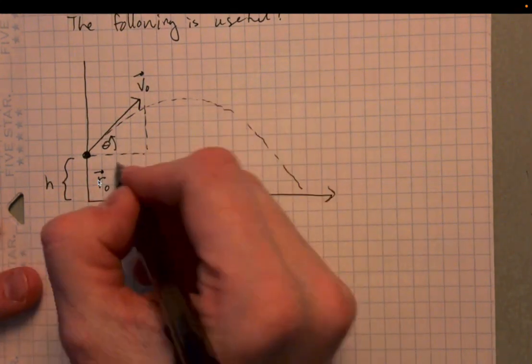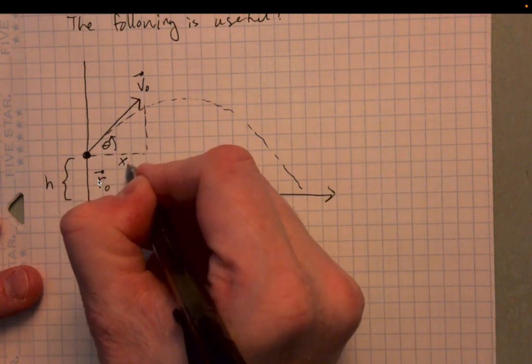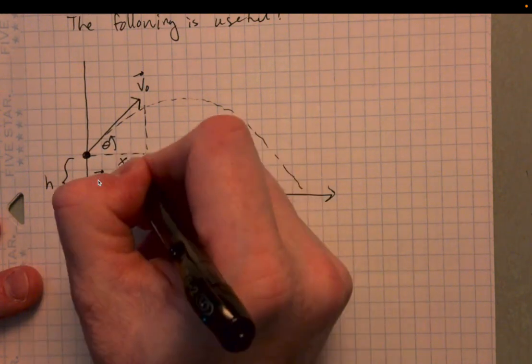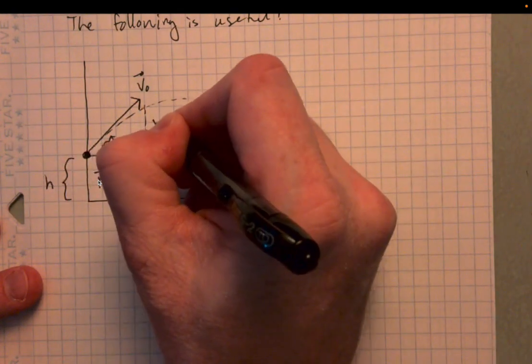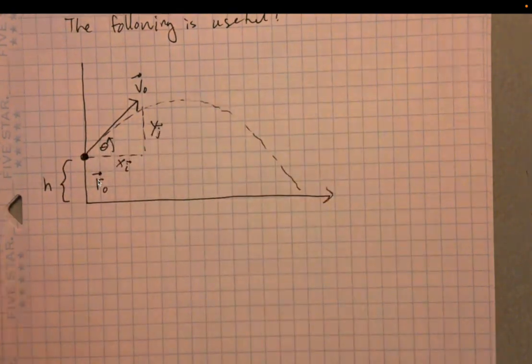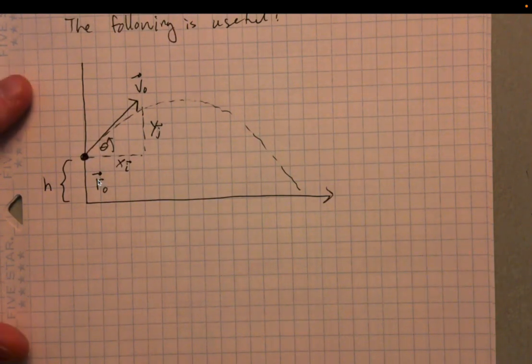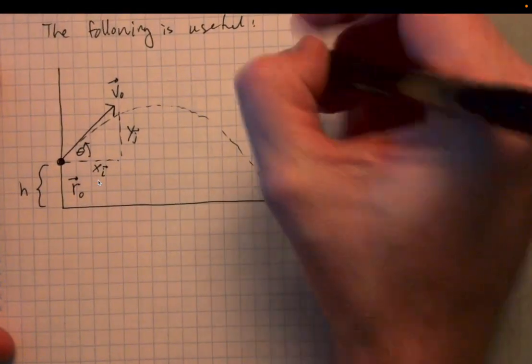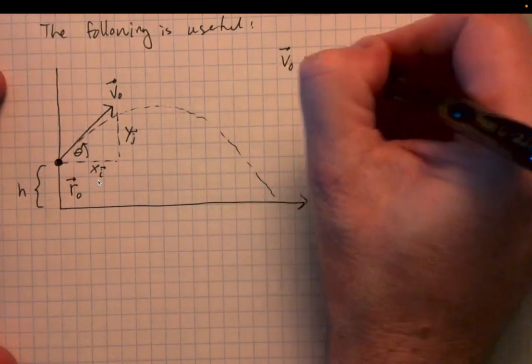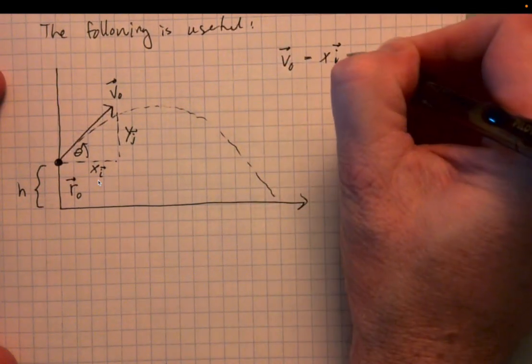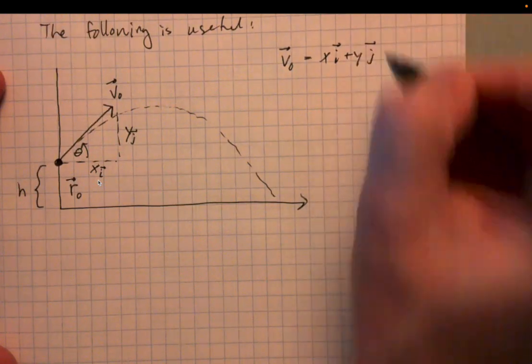And so what is this? Well, this is going to be the xi piece of the velocity, and this would be the yj piece of the velocity. And so the way to make sense of all this would be to say that your initial velocity is equal to xi plus yj.